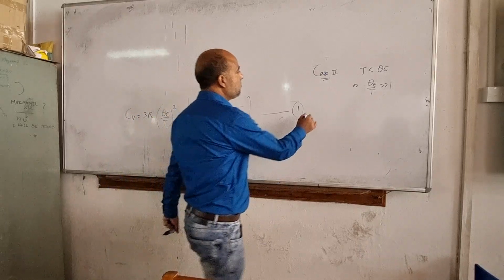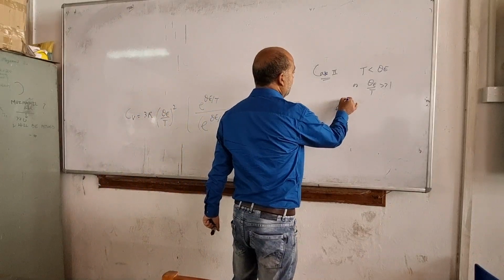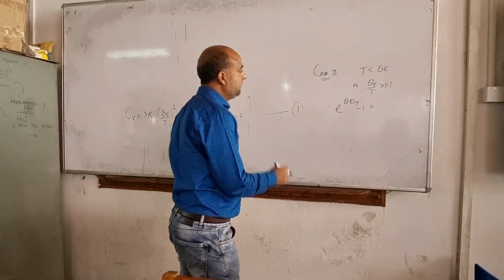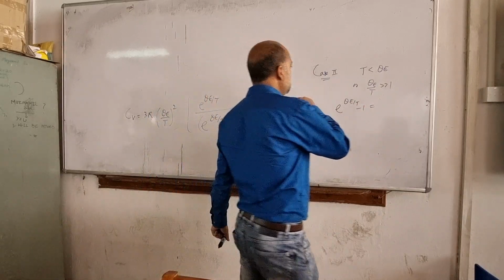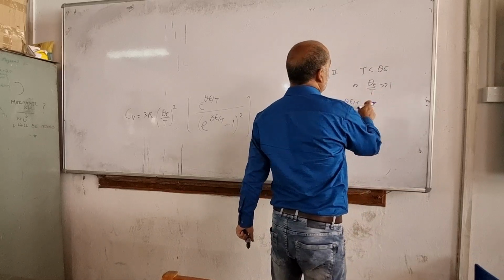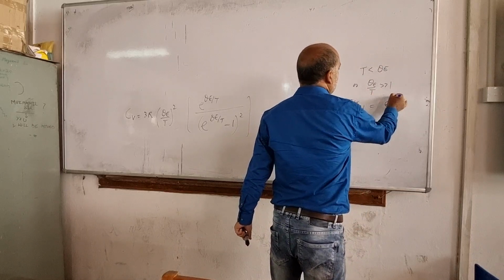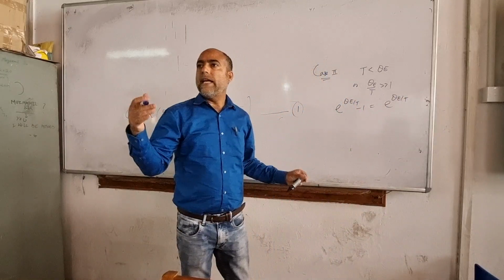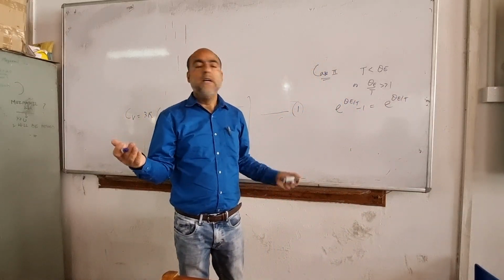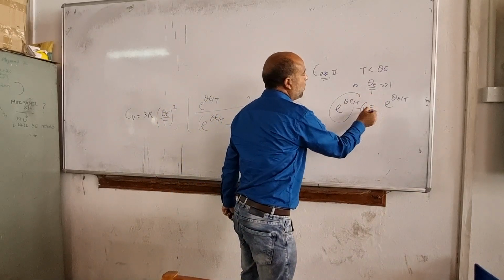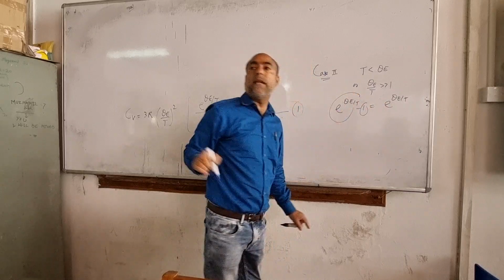So you can see, we know that e raised power theta E by T minus 1 is greater than 1. Now, the inverse thing happens. So, this quantity is much greater than 1, and we can write only this quantity, 1 can be neglected.